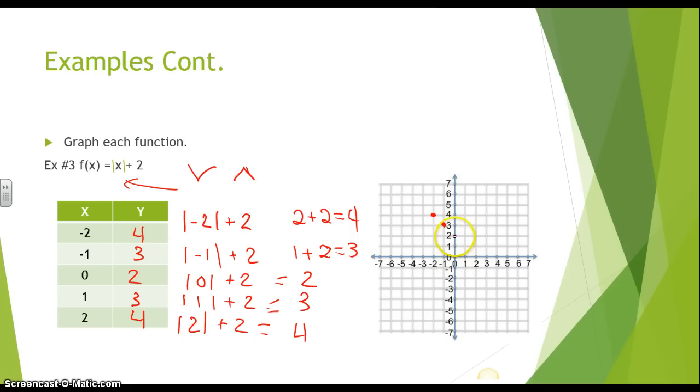We have 0 and 2. 1 and 3. 2 and 4. So notice this is a V here. This isn't going to be a curve like the last graph. Absolute value graphs are always V's. Connect the points with straight lines, and here we have our graph that represents this function. We'll practice some more of these graphs in class tomorrow.